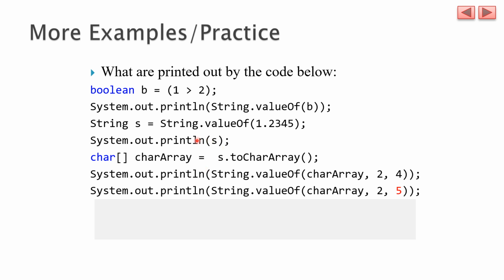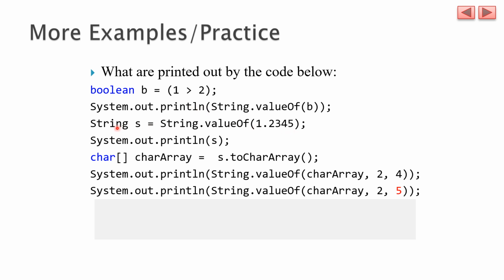All right, so the first part is to print out the value of the boolean variable b that is assigned the condition 1 is larger than 2. So you should know what should be printed out by this println statement. That should be easy.